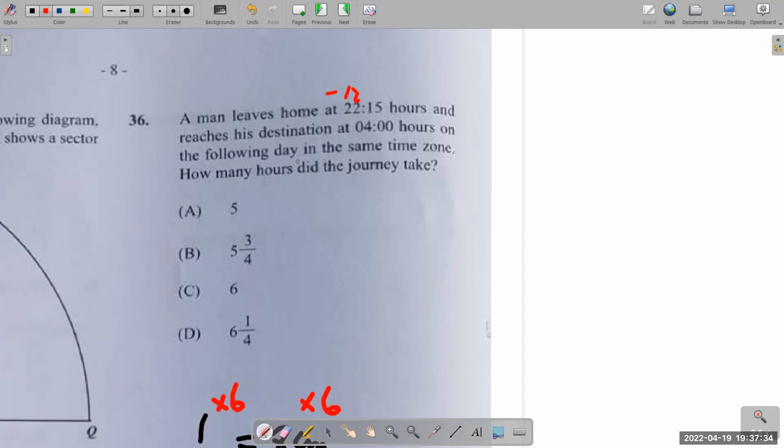And he reaches his destination at 4 AM, in the same time zone. How many hours did the journey take? Let me see if y'all can answer this without me. How long did he take? How many hours did it take?